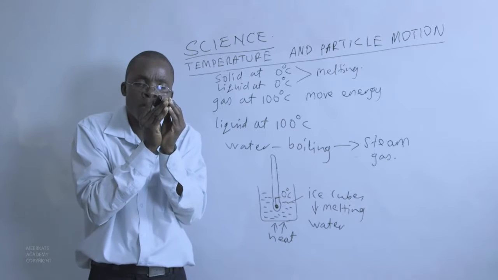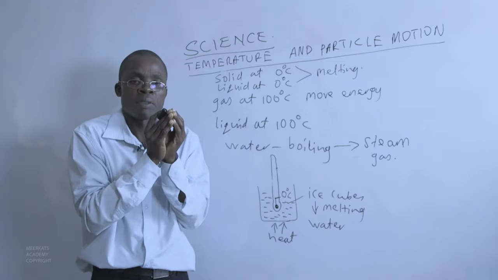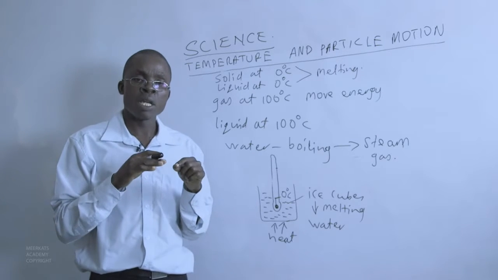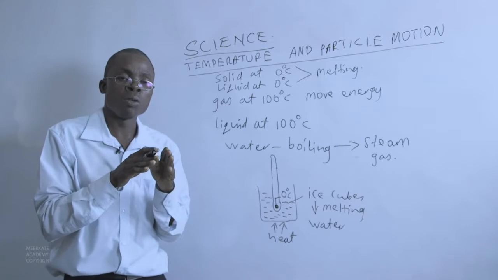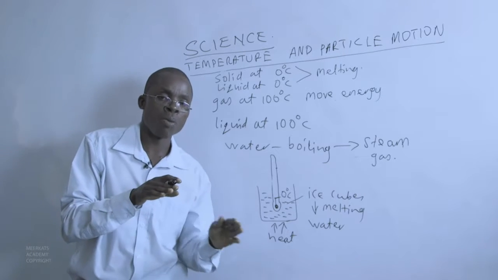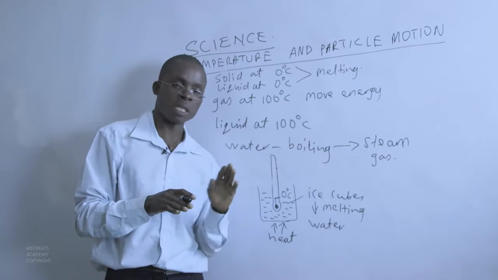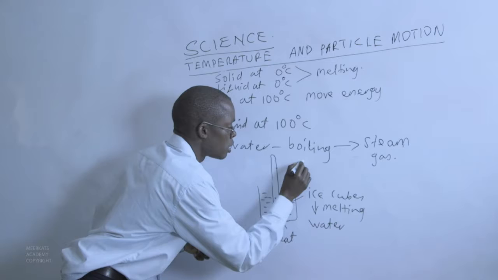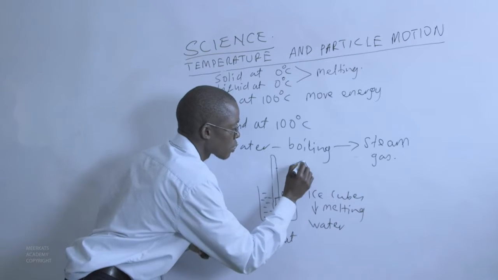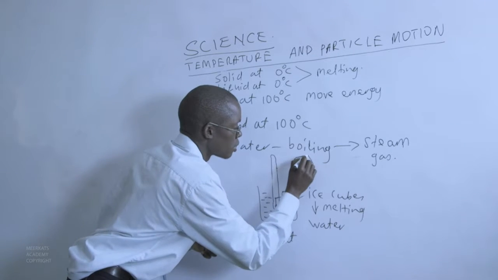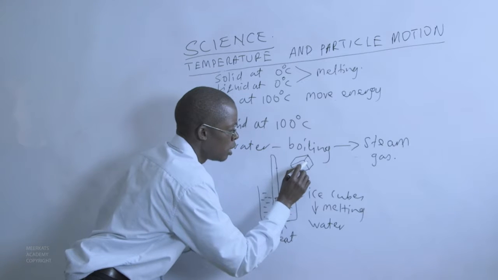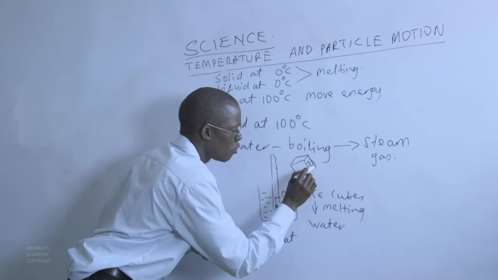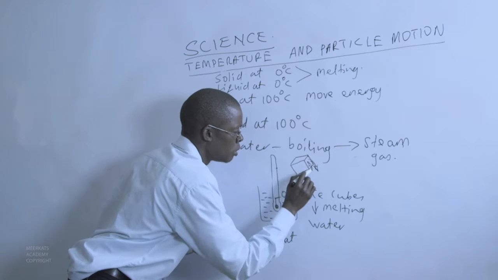Though the particles will be close, still close by, they will be free at least to roll over each other. As they roll over each other is what you will be seeing as now water being formed, what we call melting. And in fact, you will see, if this is our ice cube, as it melts, you will see droplets of water rolling down, just to confirm to us it is true.